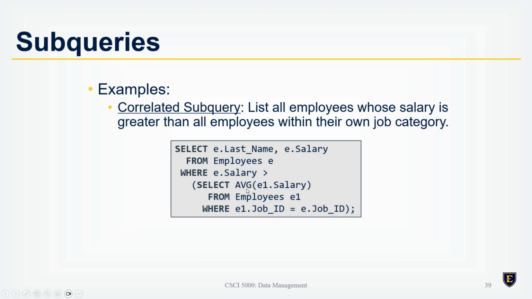So I want the average salary for E1, the employees table there, where the inner query E1 job ID is equal to the outer query E job ID. So for each row, I'm going to calculate this and determine if the salary is greater than the average salary for other employees in that job category.